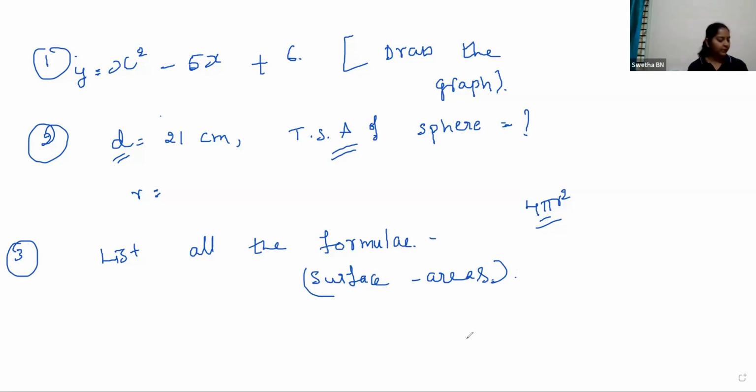So in real numbers, they did only 2 exercises, right, Panchami? Yes, ma'am. Finding HCF and LCM and proving irrational by contradiction method.